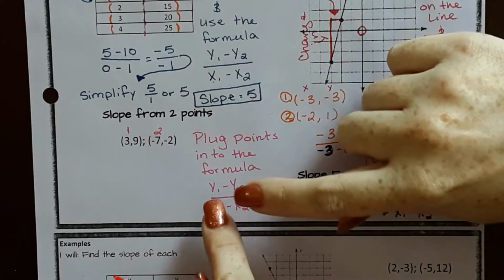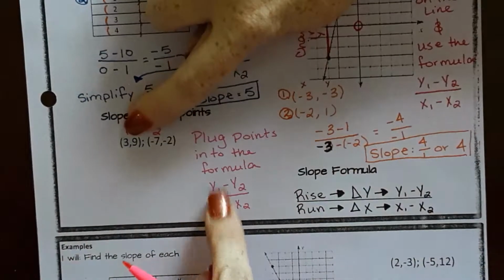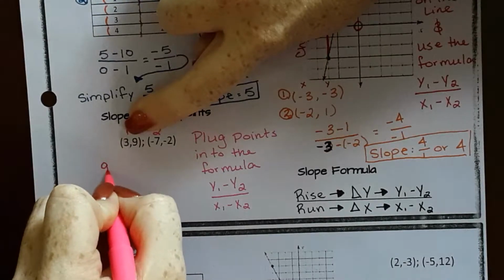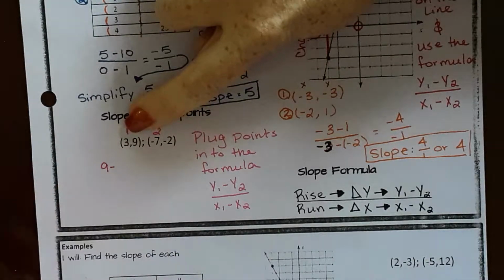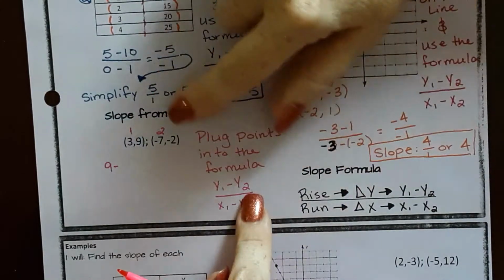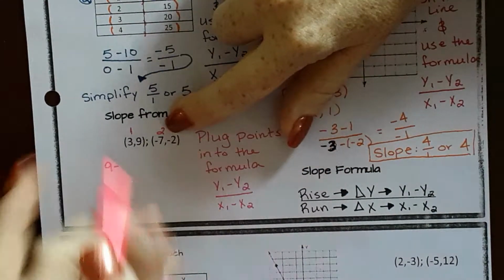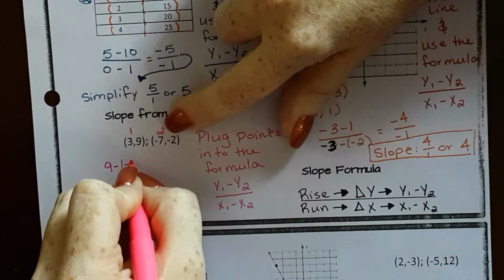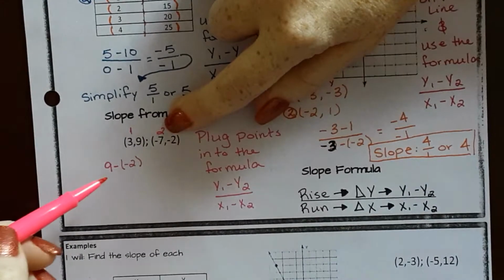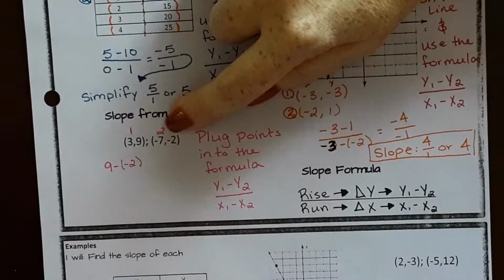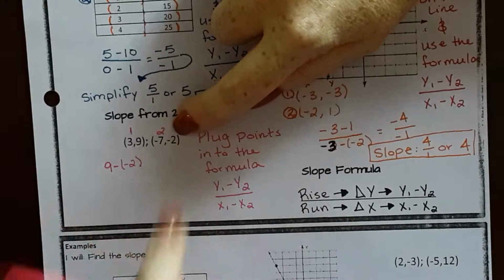So we need to take our first y value from our first point, 9, minus our second y value from our second point, -2. Remember, the minus in this formula is separate from the actual point value.